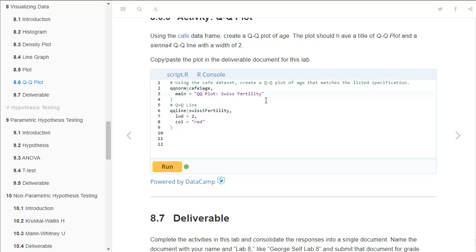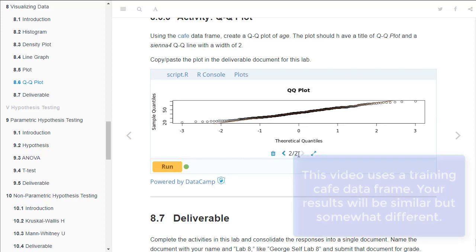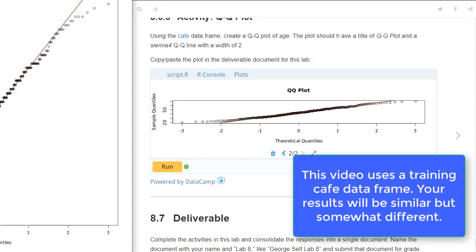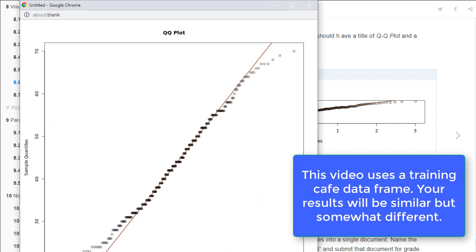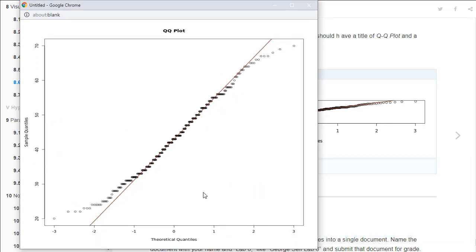Should have a title of QQ plot, just QQ plot, and the line should be, so I better change this to cafe dollar age, and the color of this line is Sienna 4. Let's run that. And it looks like the age data are normally distributed, and you can see the line of best fit in there.